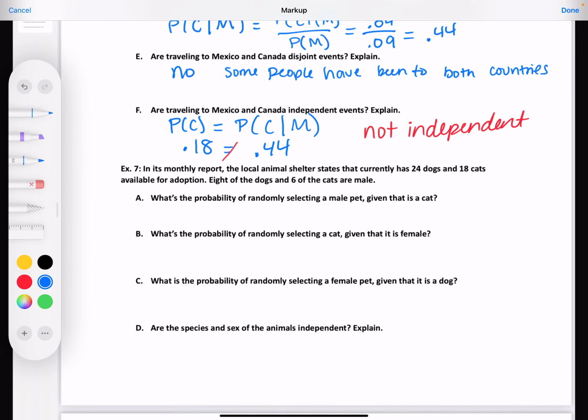All right. In its monthly report, a local animal shelter states that it currently has 24 dogs and 18 cats available for adoption. 8 of the dogs and 6 of the cats are male. What is the probability of randomly selecting a male pet given that it is a cat?